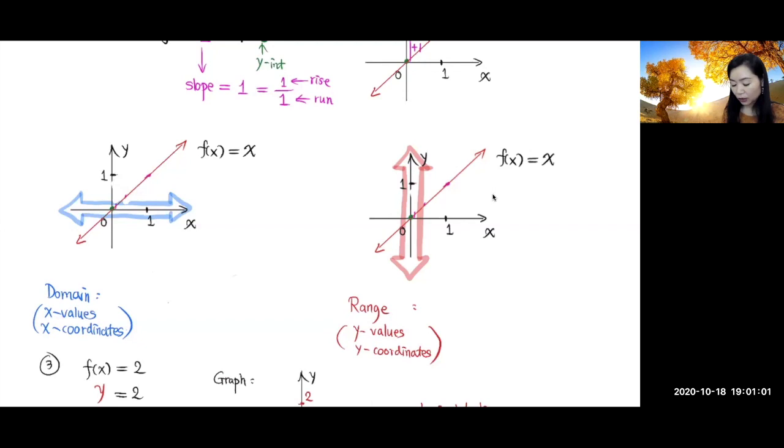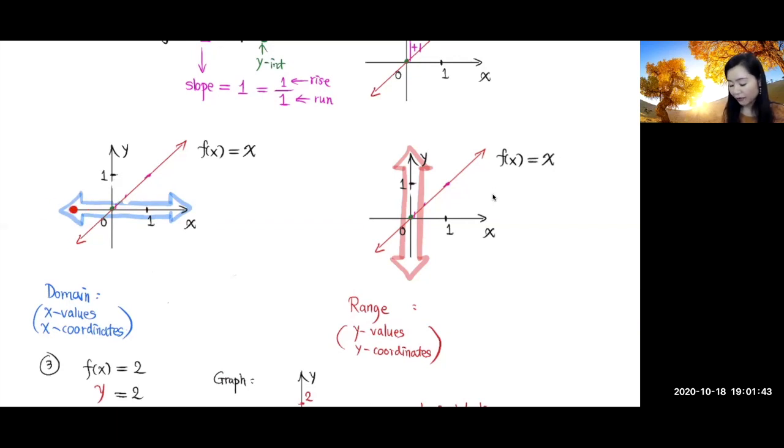So the way to find the domain is to project from the points on the graph to the x-axis and find out what kind of x coordinates they take.